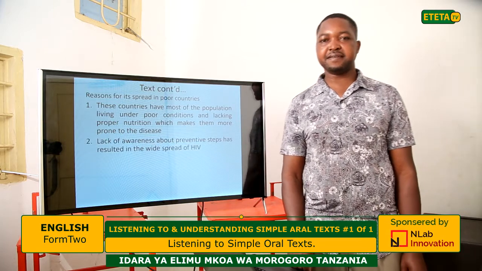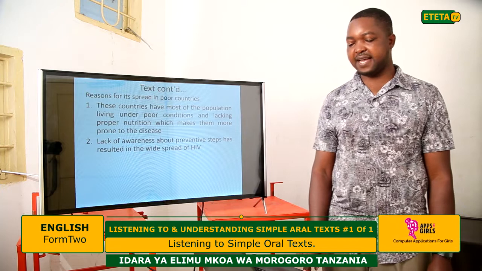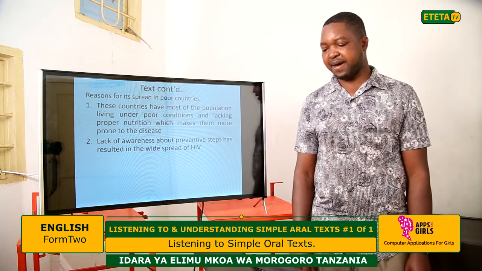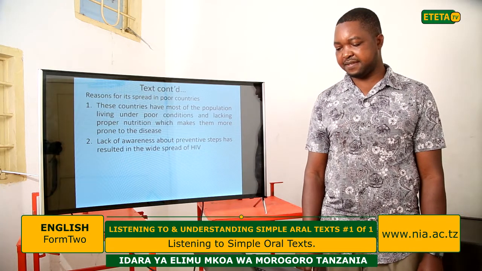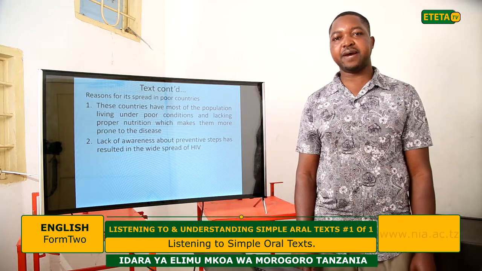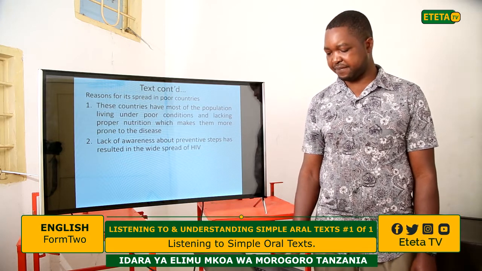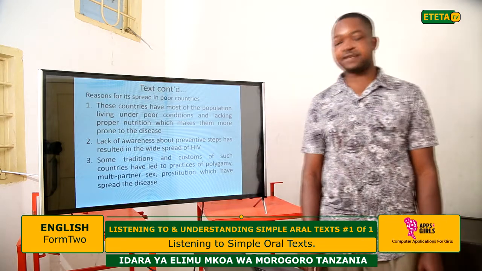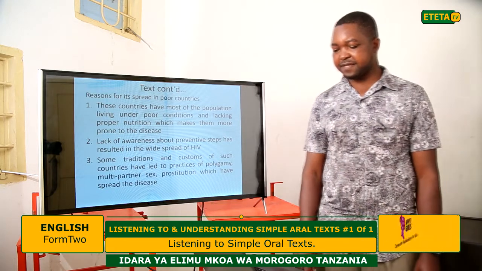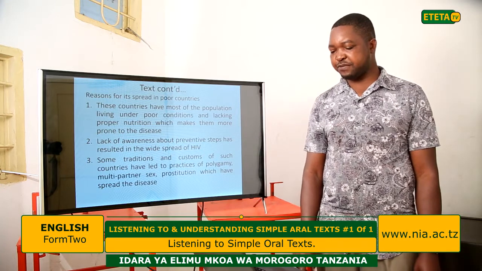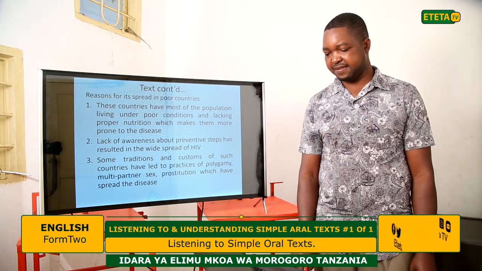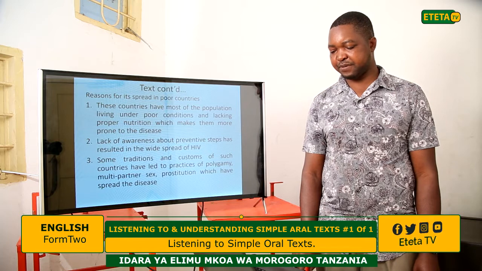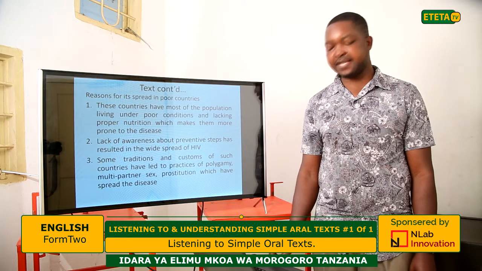The second reason is that there is lack of awareness about preventive steps, which has resulted in the widespread of HIV. The third reason is that some traditions and customs of such countries have led to the practice of polygamy, partner sex, prostitution, which have spread the disease.